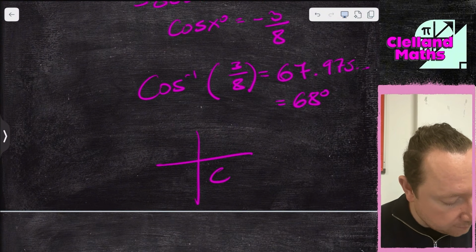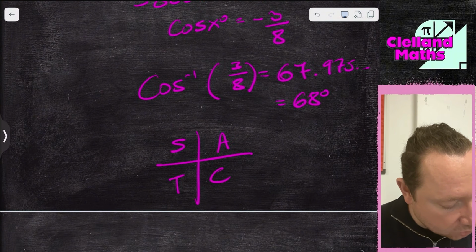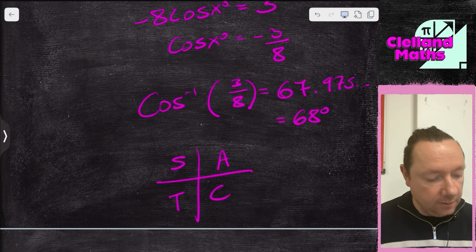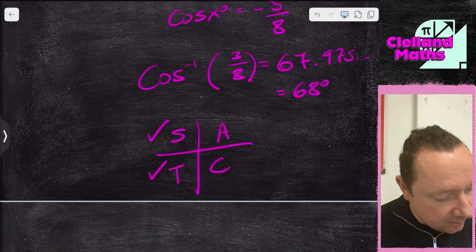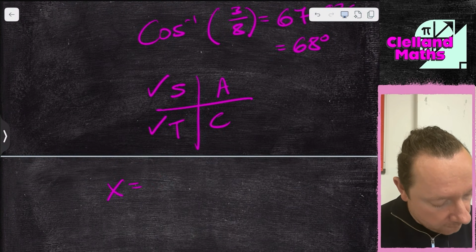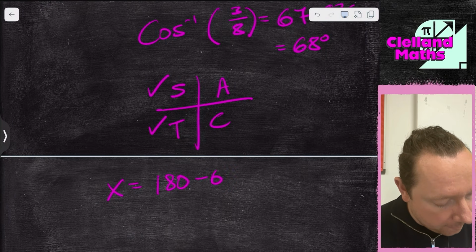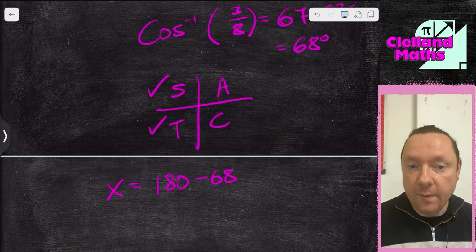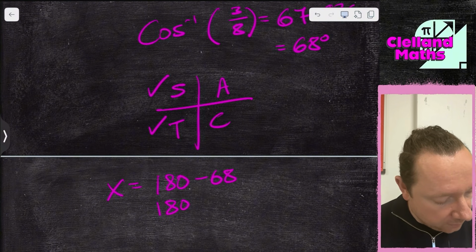CAST diagram. So our cos was negative. So usually I pick A and C, but I picked the opposite. So it's S and T. So at S we do 180 minus the angle, 180 minus 68. And at T we do 180 plus the angle, 180 plus 68.